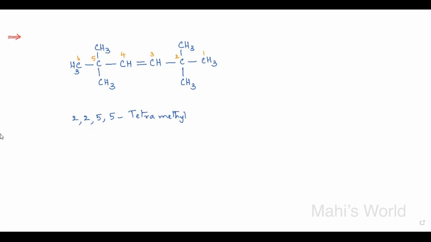That's interesting. 4 methyl groups. That is what tetramethyl refers to. But where are they located? You got 2 at the 2nd, 2 at the 5th. 2,2,5,5-tetramethyl. We are done with the secondary prefix part.